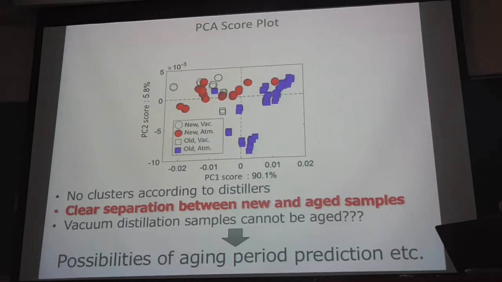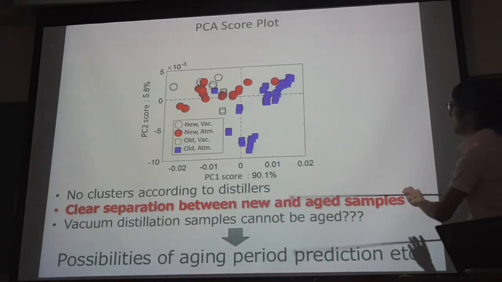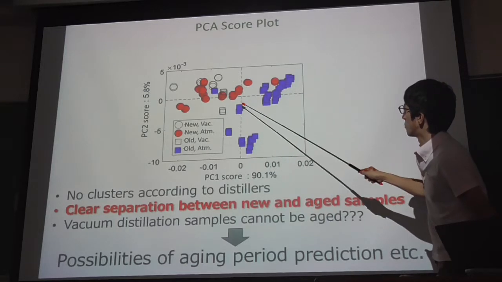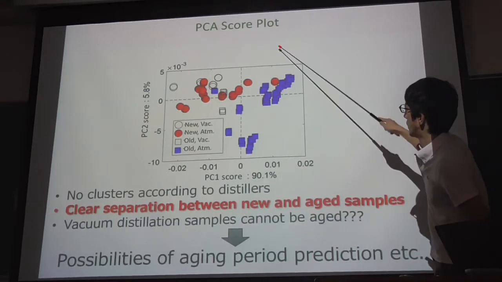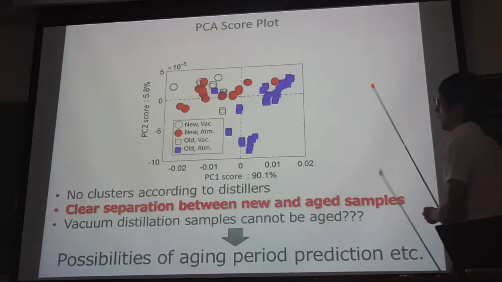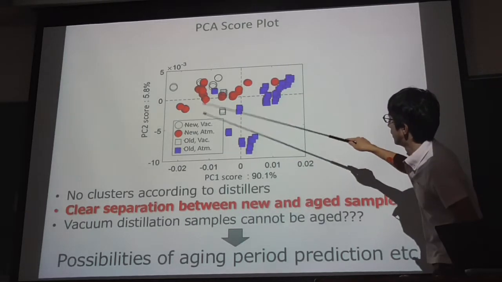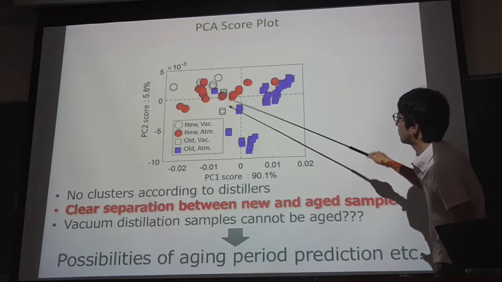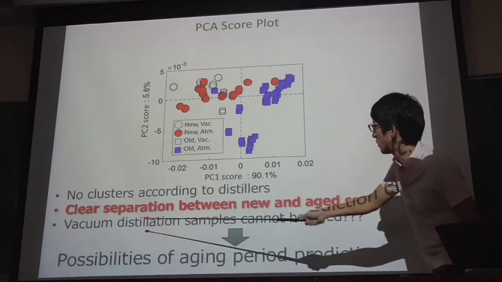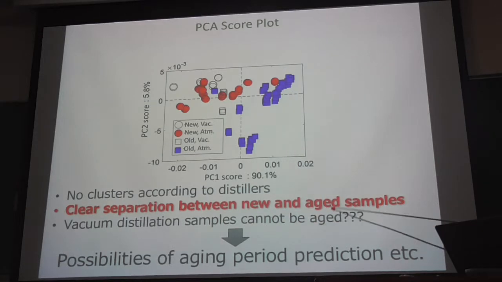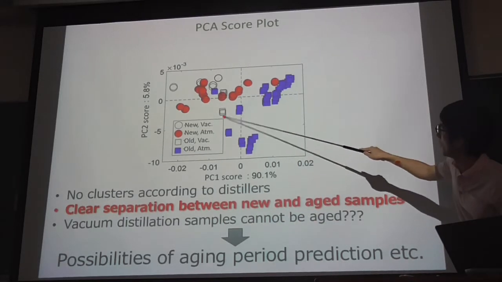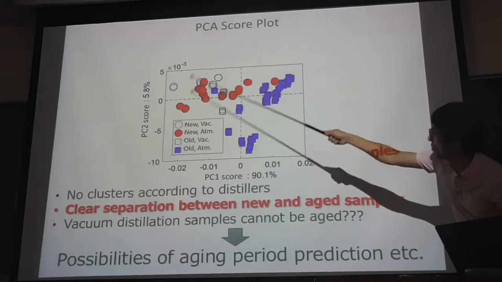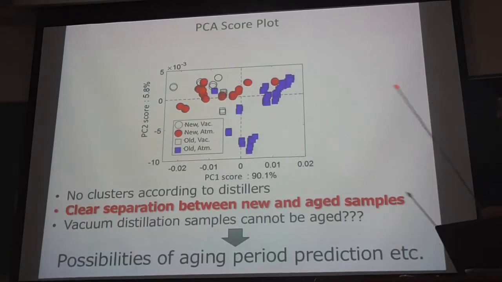And we tried PCA on that data, where the circle is new and the square is old, so we could separate them clearly. And also interestingly, the white ones are vacuum distilled samples, and it seems vacuum distillation samples cannot be aged, because even the old vacuum sample is located in the new sample region.